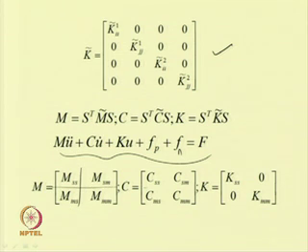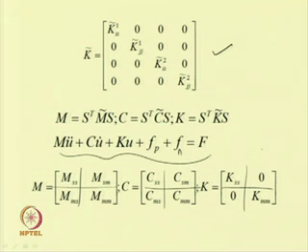This is similar to the dynamic substructuring that we have studied. In this case it may be noted that the size of the matrix can be reduced very much. By using this modal method, you can reduce the size of the matrix to the required level of the equation of motion.